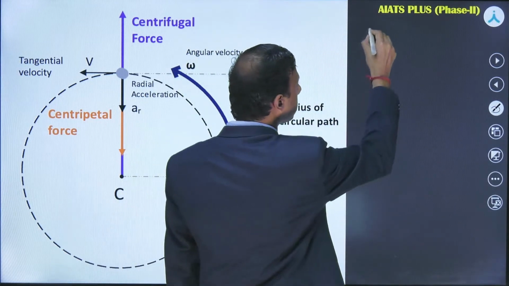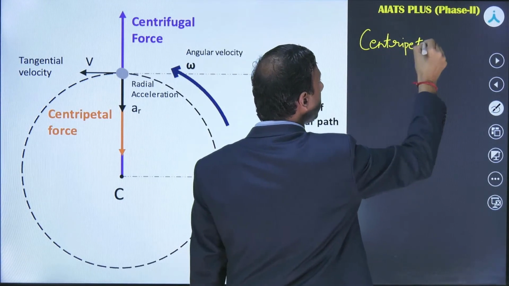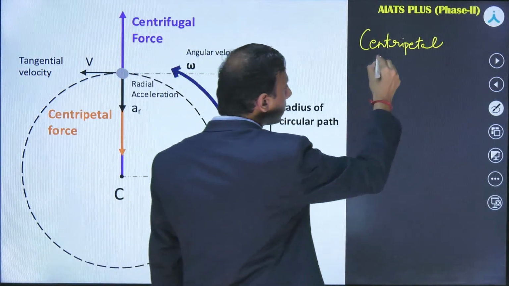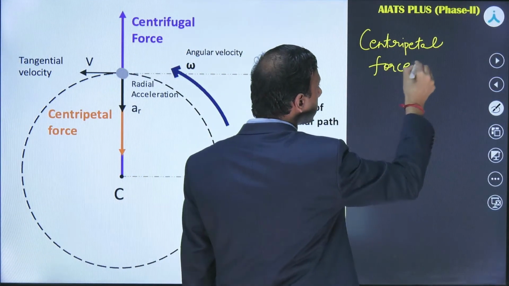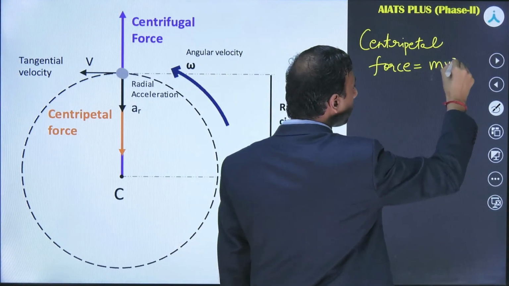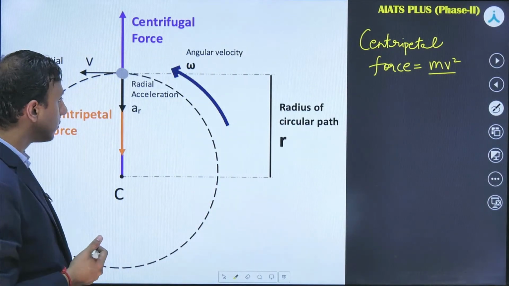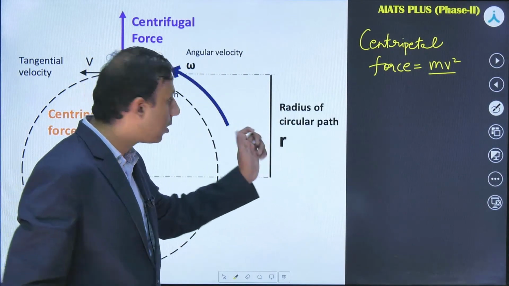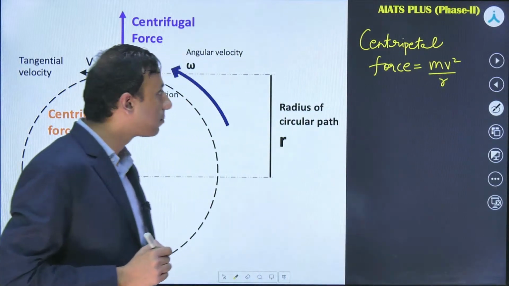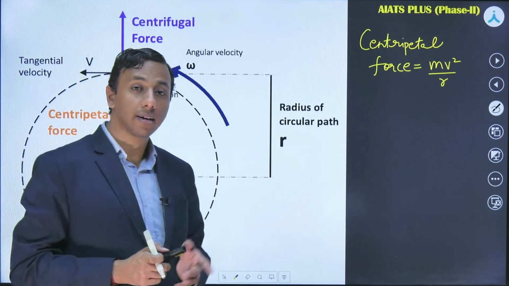So let's do a small discussion about the centripetal force as well, which we did not have in our discussion on gravitation. So centripetal force can be expressed as mv square by r. Is r small or capital R? Please see the diagram. Here the radius is small r. And for that centripetal force, you will get a centripetal acceleration. Why so?